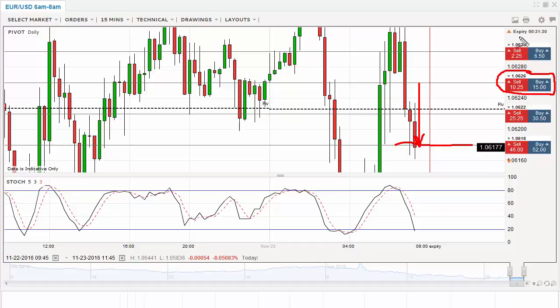I typically do not hold until expiration unless I'm 3 to 4 strike prices in the money. But a lot of times by then you've already hit a profit target. So generally what I want is for price to move 2 strikes from my strike. This was my strike price, and price moved down 2 strikes, went under it, and that's what gave me my profit target.